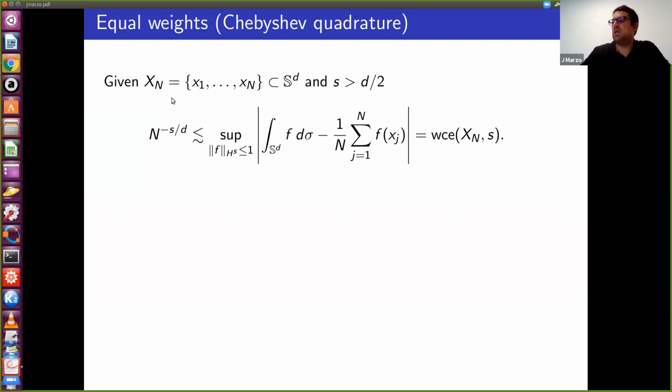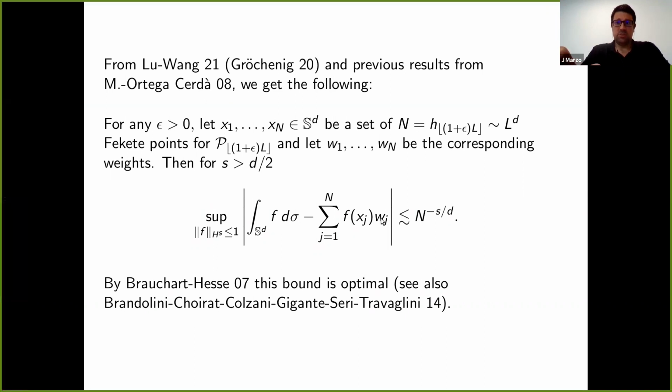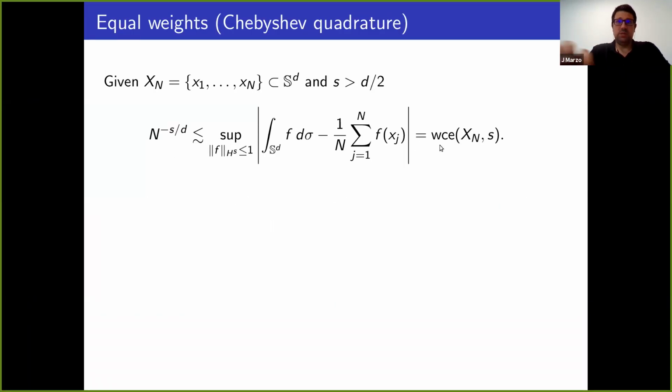So now I'm going to survey, or just recall, some of the things I'm going to need afterwards. Well, this error now, the only thing changing here is that for this Fekete I have these WJs, and I'm considering the same quantity, but with weight 1 over n.